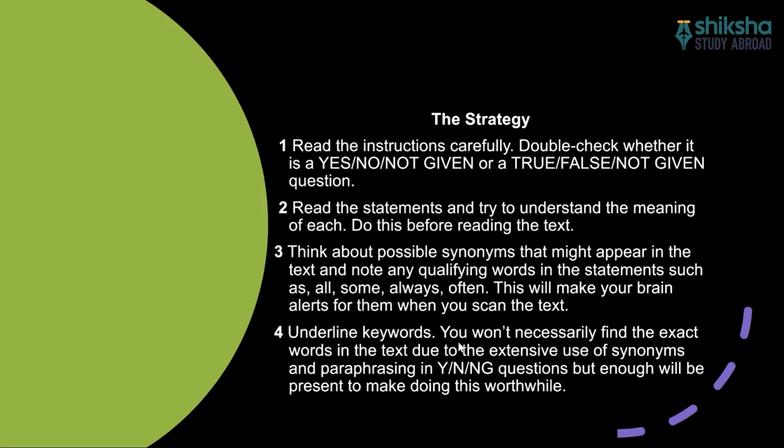Fourth, underline the keywords. You won't necessarily find the exact words in the text due to the extensive use of synonyms and paraphrasing in YNNG, that means yes, no, not given questions, but enough will be present to make doing this worthwhile. Again, so underlining and highlighting the keywords is very essential, guys.